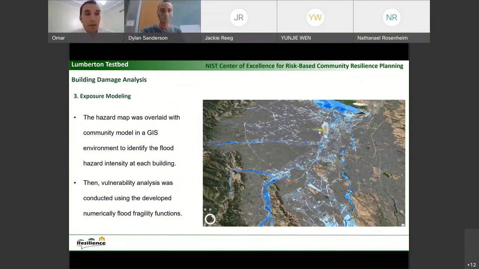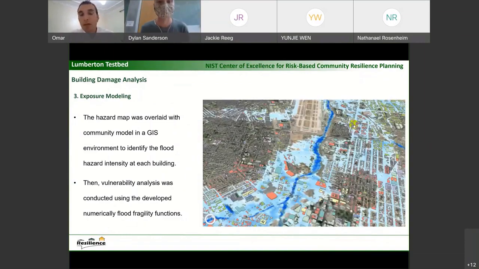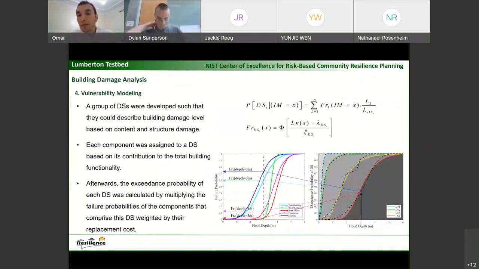And the fourth thing is the vulnerability modeling. For each one of the 15 developed building archetypes, we developed a component-based fragility function that uses component damage to account for the total building damage in terms of the exceedance probability of 4 damage states.